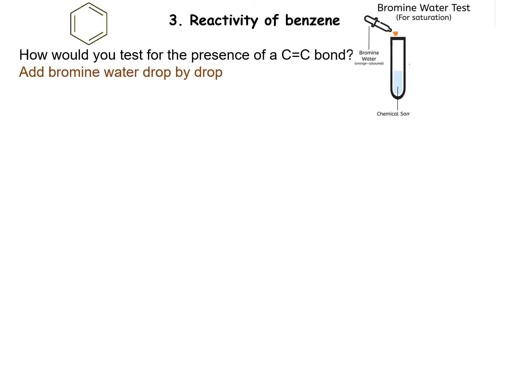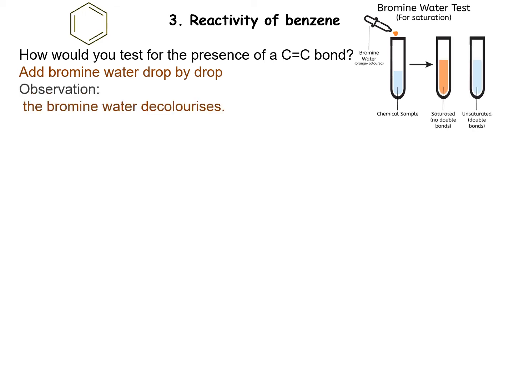Okay, so the test for a carbon-to-carbon double bond is to add bromine water a little bit at a time. Bromine water is coloured, orange usually, and what we're looking for is that colour to disappear. The bromine water decolorizes.